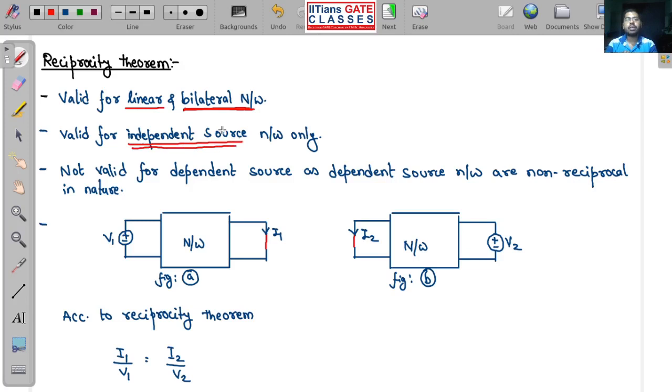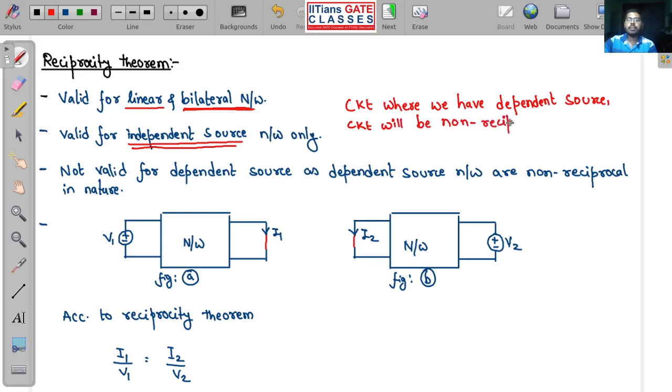But the reciprocity theorem is not valid for dependent sources, because the moment we have a dependent source, the circuit will be non-reciprocal in nature. So you will immediately mark it as non-reciprocal when you have a dependent source, as dependent source networks are non-reciprocal in nature.